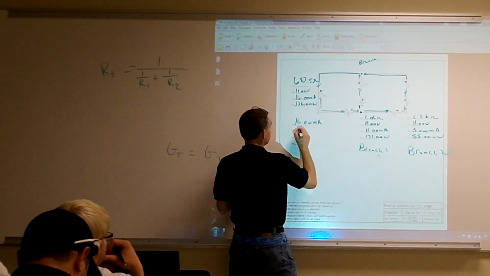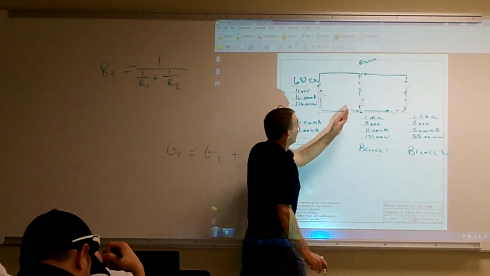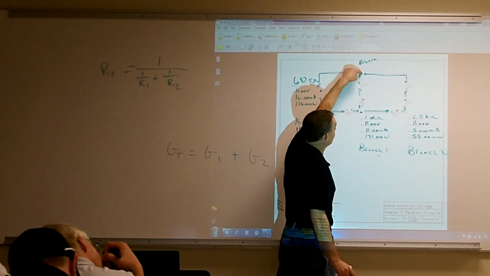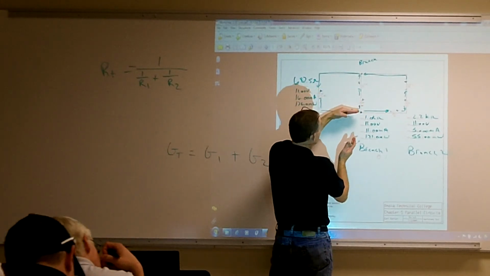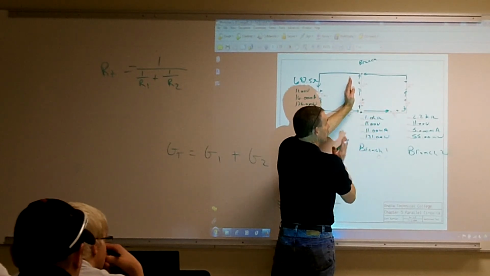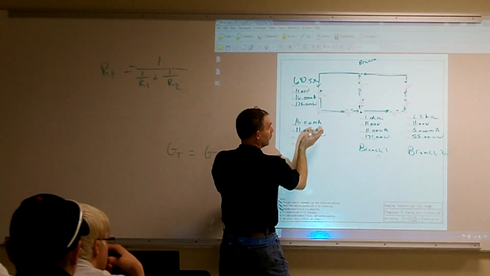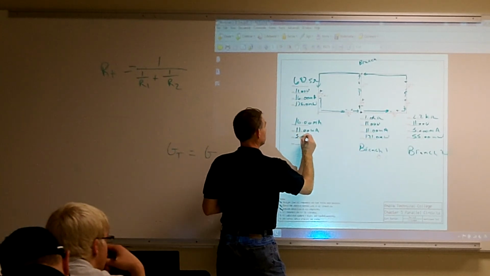11 milliamps. And then that's going to go up through R1, and then that's going to go into this current node. So how much do I have left then? If I have 16 coming in, 5 of it goes this way, how much do I have going this way? 11 milliamps. So going through M3, I'm going to have 5 milliamps.